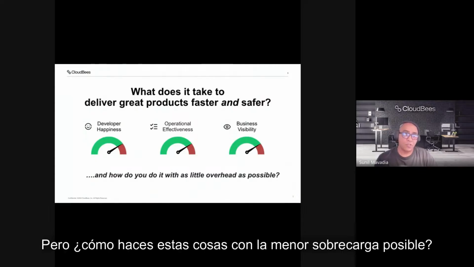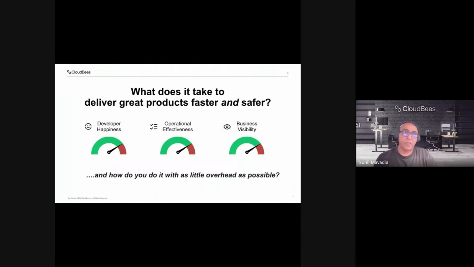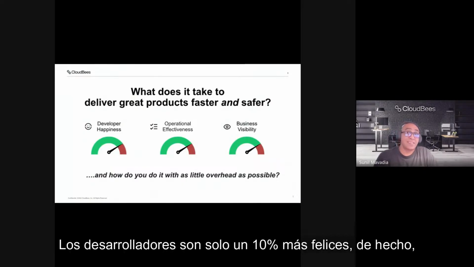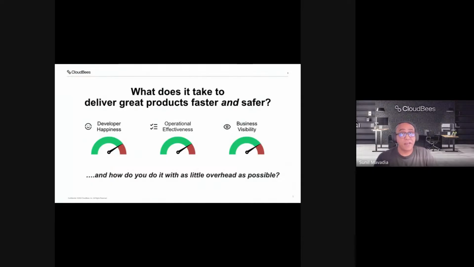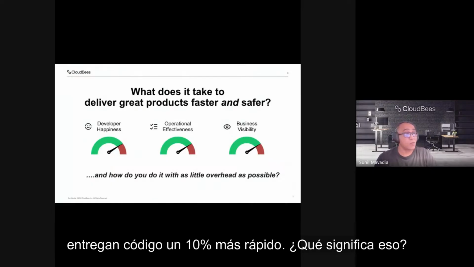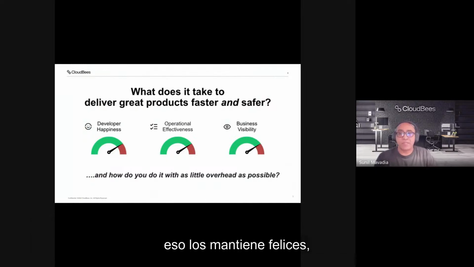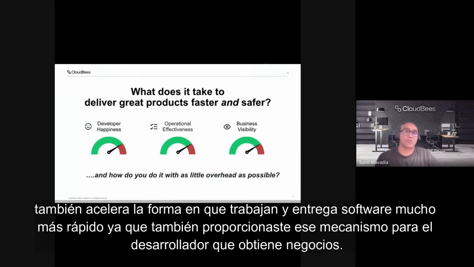But how do you do these things with as little overhead as possible, right? Developer satisfaction is crucial. Developers are just 10% happier, in fact, delivering code 10% faster. What does that mean? Well, if you sped up the delivery of a developer by giving them the ability to use the tools that they like, that keeps them happy. That also speeds up the way they work and delivers software a lot faster.